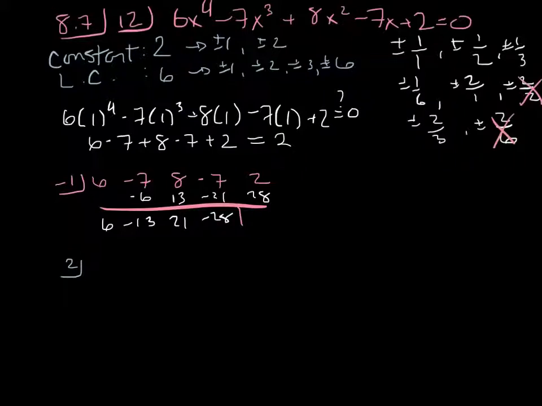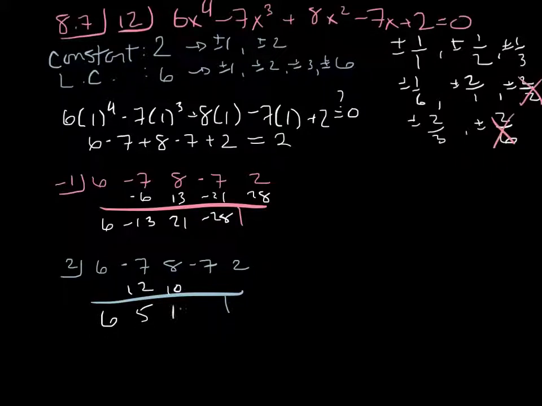Alright, so let's do 2, 6, negative 7, 8, negative 7, 2. Alright, and try that one. So it's 6, 12, 5, 10, 18, 36. 2 doesn't work. Try negative 2, 6, negative 7, 8, negative 7, 2.